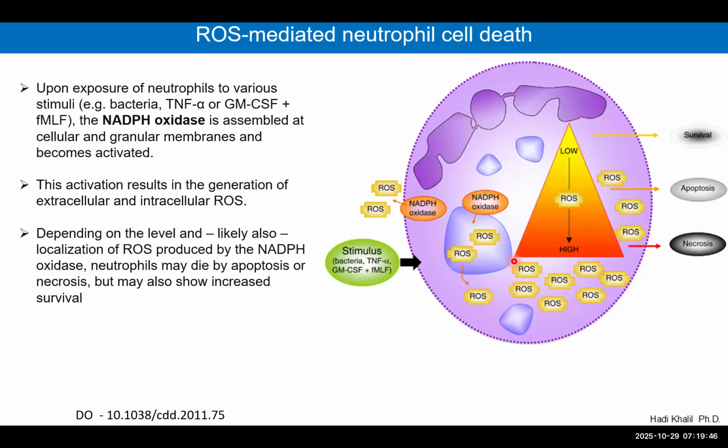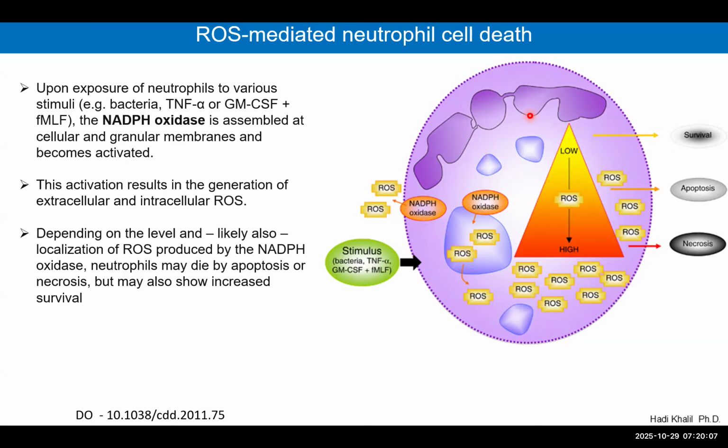So these neutrophils are now putting in check the levels of the oxidative stress because they are producing more reactive oxygen species based on the stimulus they are getting from the next door damaged cell or infected cell.